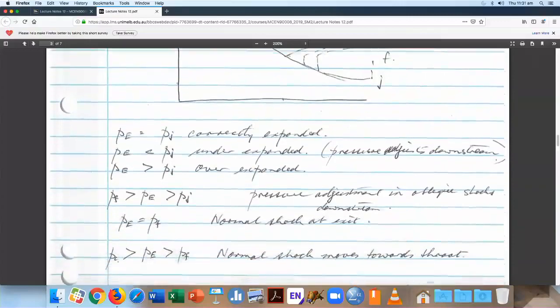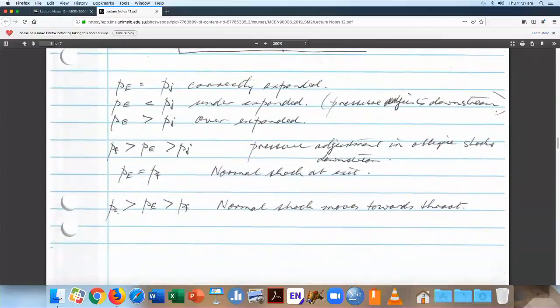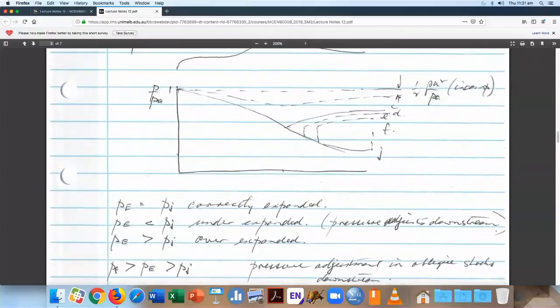So this case is soluble in terms of our equations. We could manage it by having a normal shock in the nozzle at some point, and then because we know that the flow behind that normal shock is subsonic, this expanding area will mean the flow will slow down and the pressure will rise. The pressure rises as the flow slows down in subsonic flow.